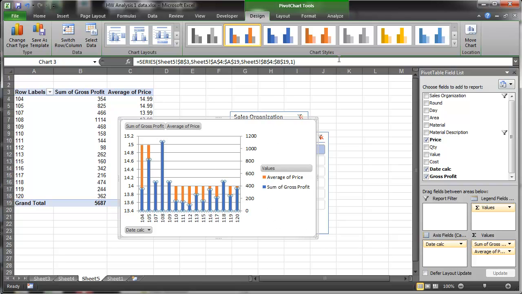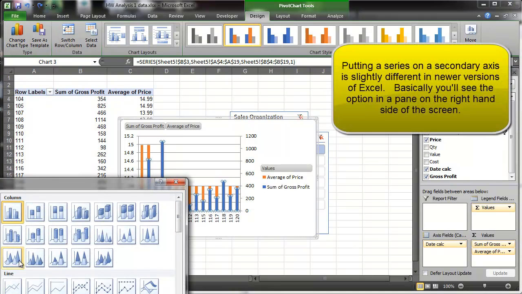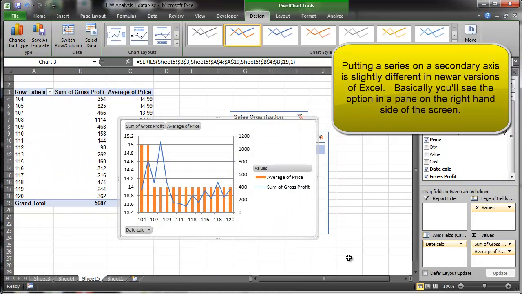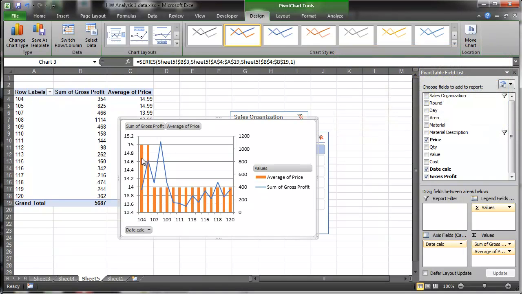And then I'm going to format this and change it to a line. So unfortunately, I'm in an older version of Excel, so you have to do things a little bit differently, but you'll figure it out. And so this line is the gross profits, and these orange ones are the price.